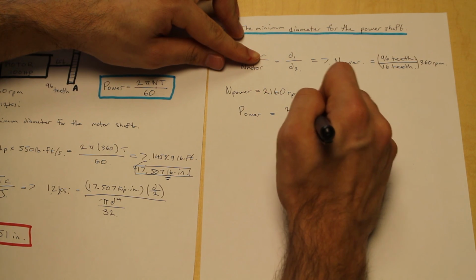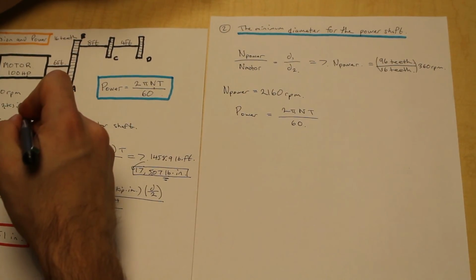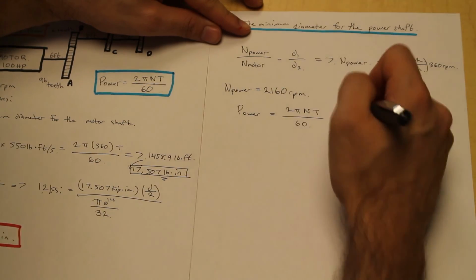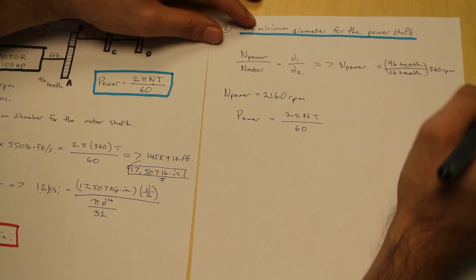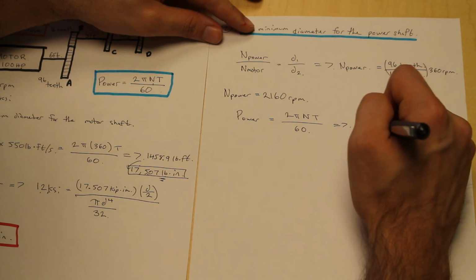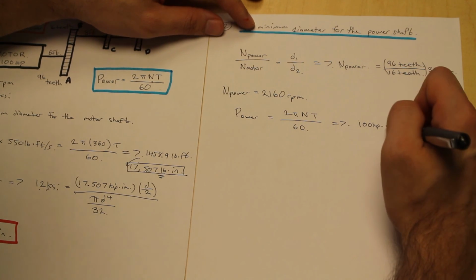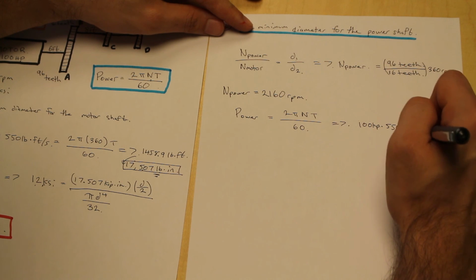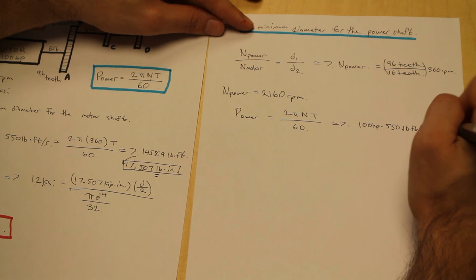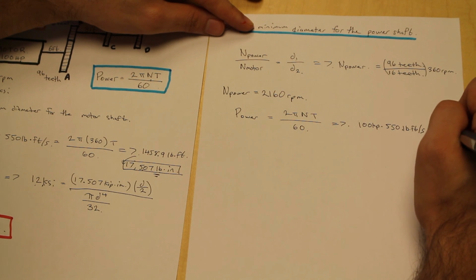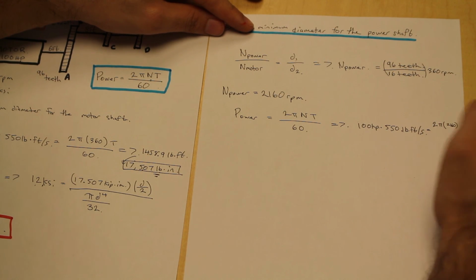We're going to use the power equation. Now the power is the same; it's 100 horsepower from the motor. Remember, we're not transferring the power, we're transferring the speed of the gears when we're working with power. We're going to multiply by our conversion factor to get it into the pound-feet per second that we want, and we're going to equal that to 2 pi, and we're going to use the speed for the power shaft, which is 2160.